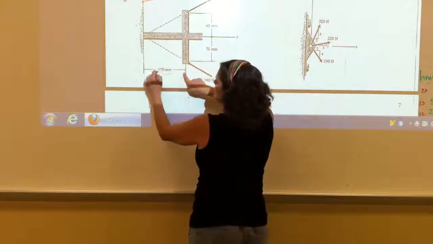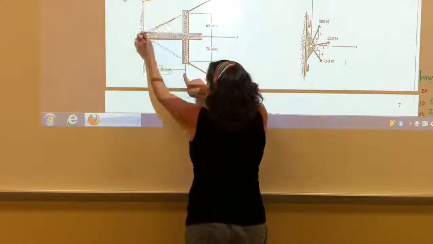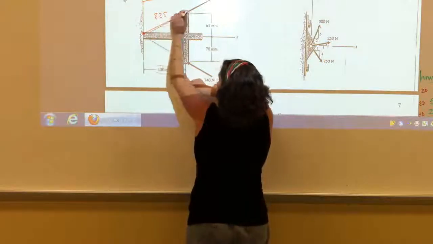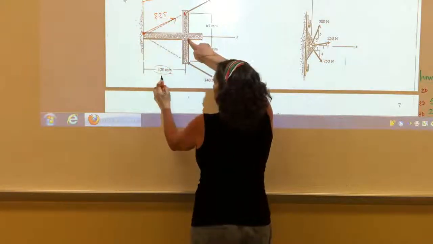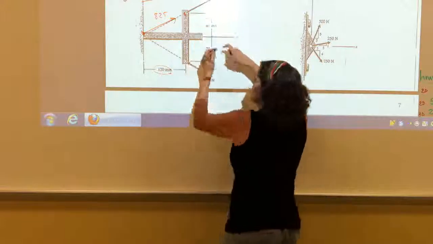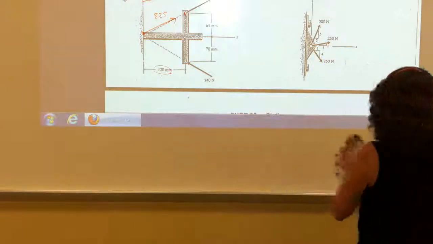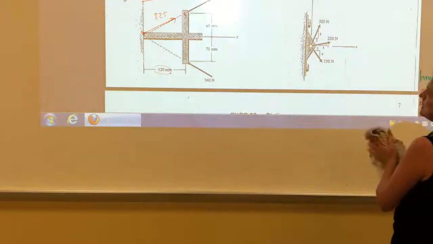And this is where they give you the distances. So I could draw my force right here and say 825. It's coming from here, going to here. The distance in the x is 120 and the distance in the y is 65. Okay, that was 2 of the questions in the 2D.